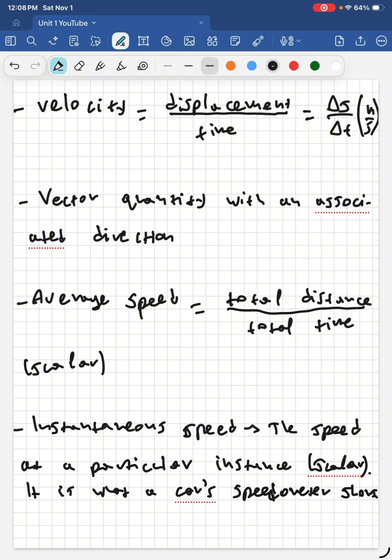Maybe you're driving at 60 kilometers per hour and then you press the gas and it accelerates to 70 kilometers per hour in another 2 seconds, okay? So in second 1 you were speeding at, say, 60 kilometers per hour, and in second 62 you are speeding at 70 kilometers per hour. So something like that. The speed at that particular second is the instantaneous speed, okay? So that's that.